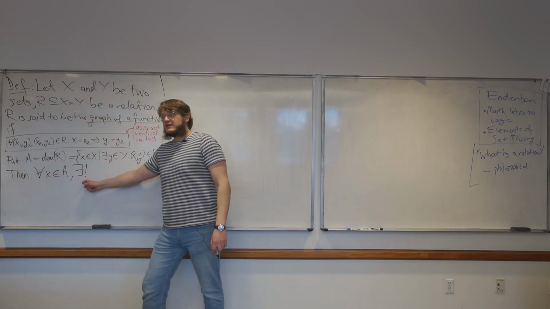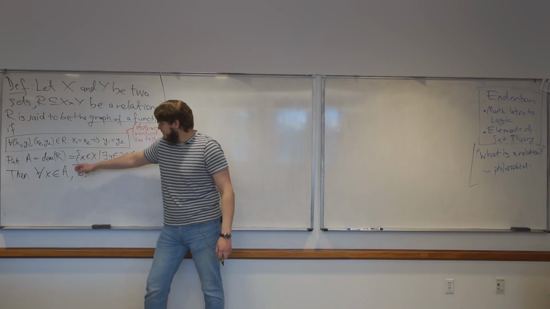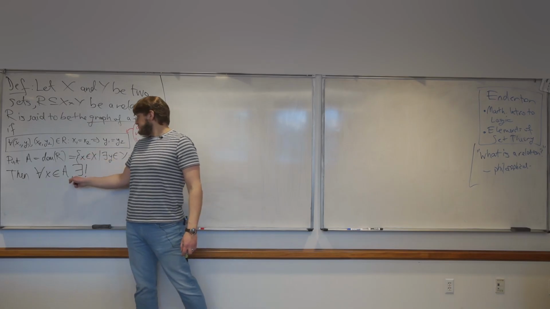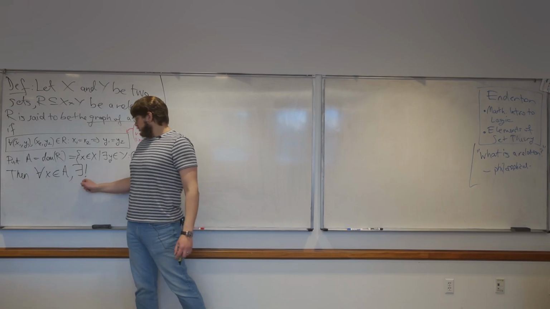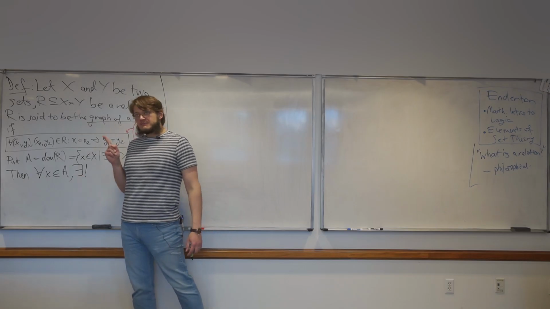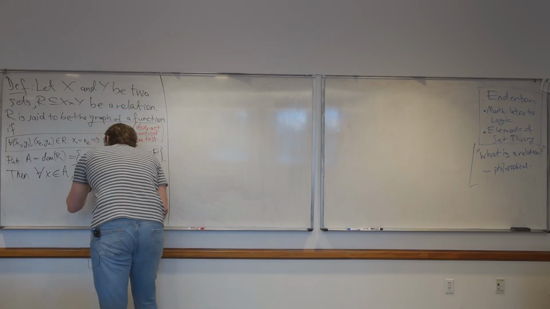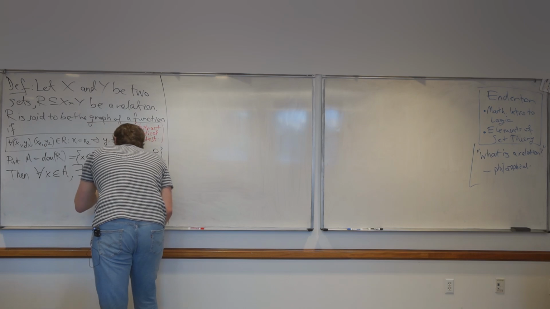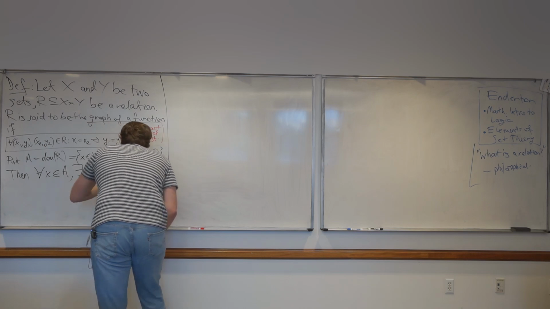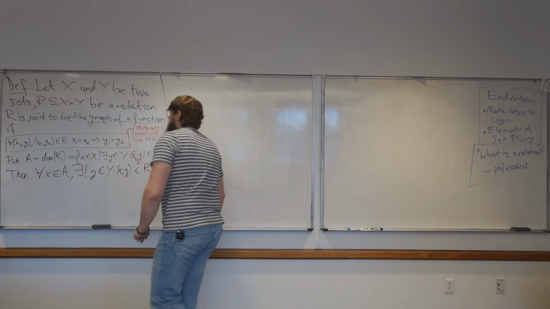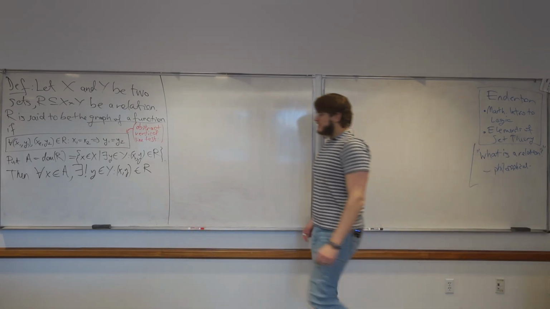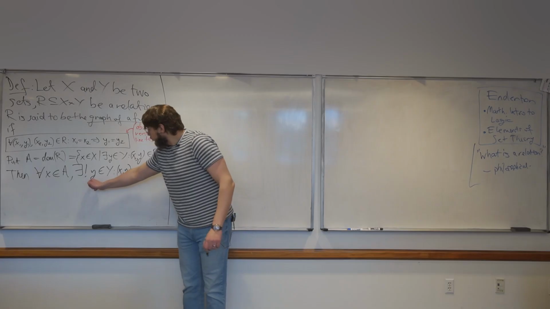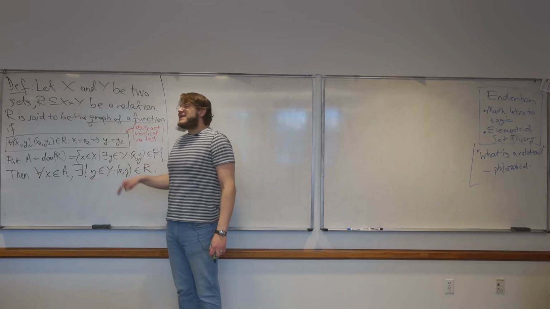There exists a unique. Without the bang, or without the exclam, this is just exists. Could be one, could be many. I'm saying when you put an exclam, now there's a unique one. There's a unique y in Y such that (x, y) is in R. And because of this, this unique y in Y we define as f of x.